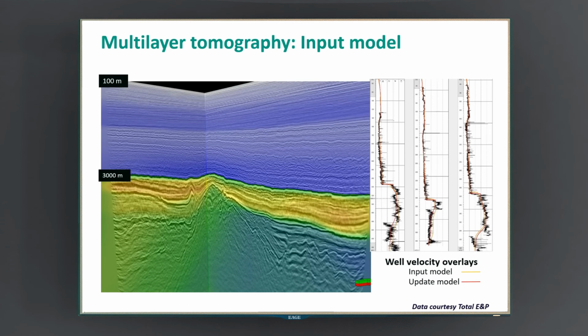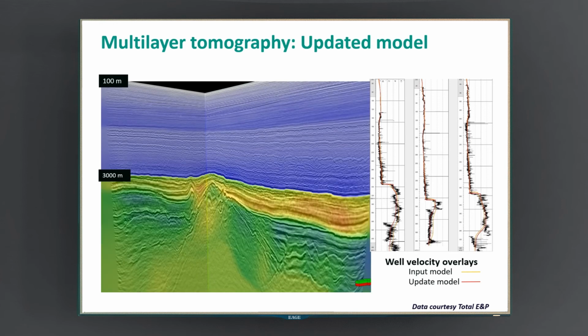Looking at the results, here we have velocity input to the multi-layer tomography on the right and some well velocities overlay on the left. And with the velocity update, you can see that after the multi-layer tomography, the velocity is conforming quite well with the geology, and as shown with the red curve of the updated model on the well velocities overlay on the left, you can see we have been able to maintain the sharp velocity contrast that is quite consistent with the borehole information.